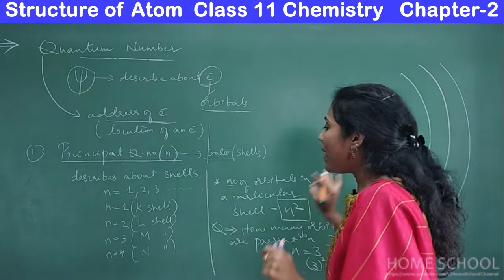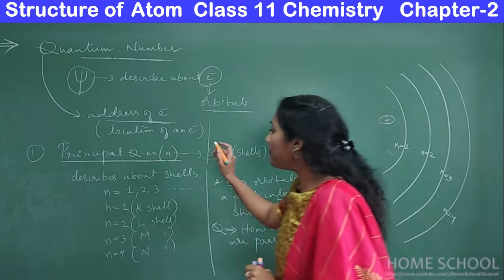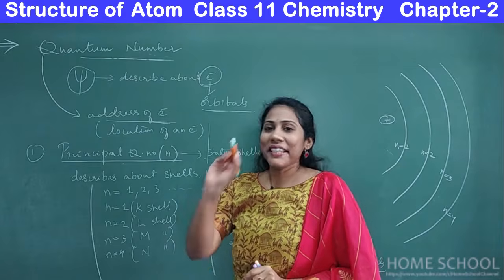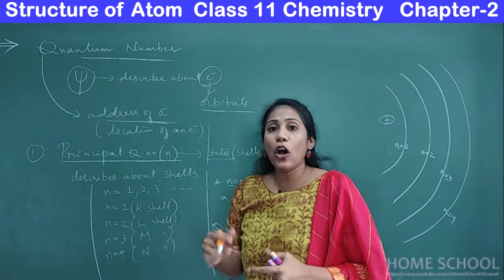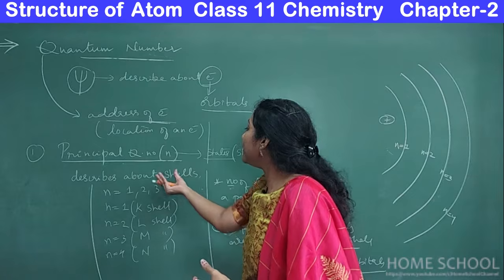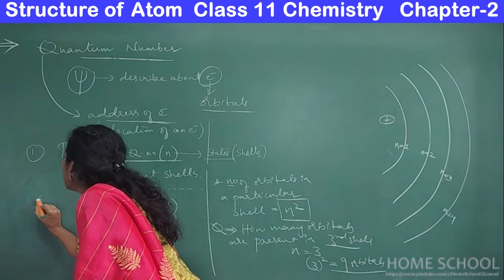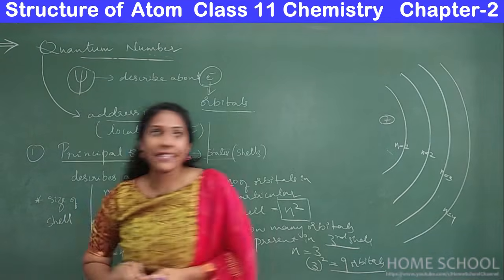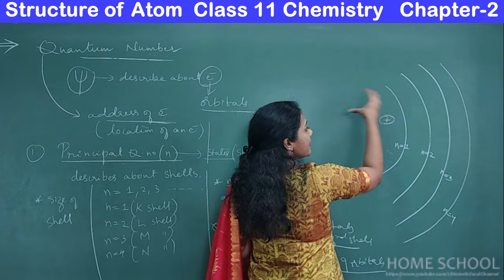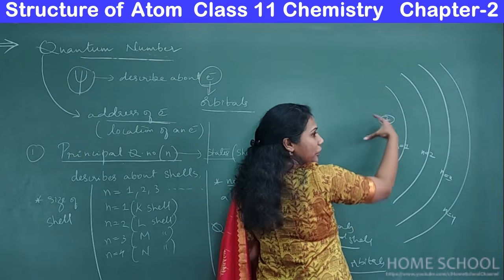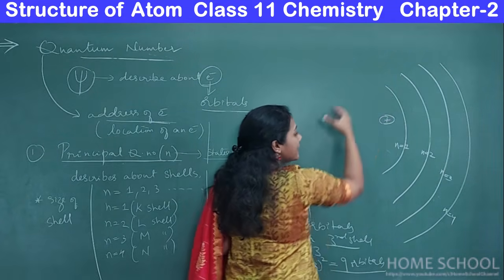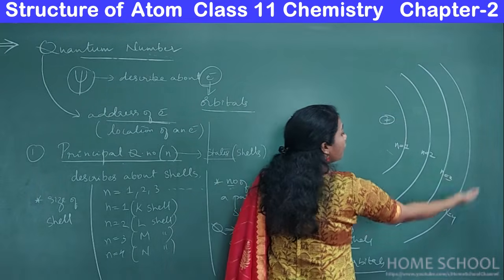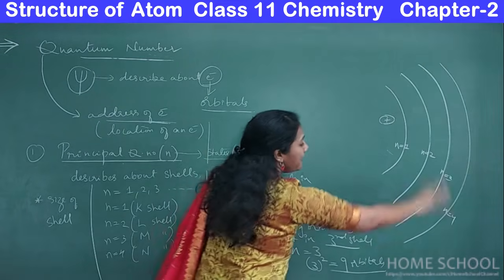Okay, fine. And one thing you observe here: your principal quantum number also talks about the size of the orbital, or the size of the shell. As I told you, the first shell is a small region around the nucleus. It is very near to the nucleus and is actually a smaller region. The second shell, if you see, is a much bigger region. Third shell, fourth shell, if you go, it's again quite a bigger region.